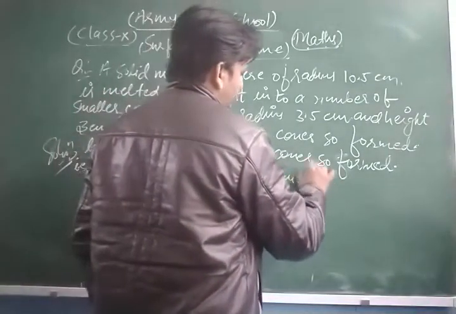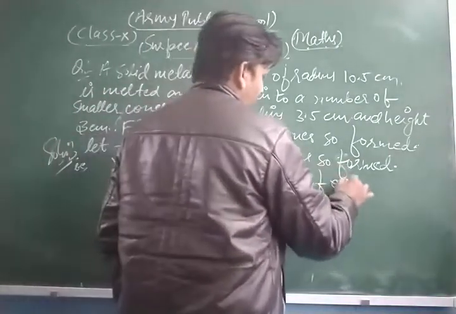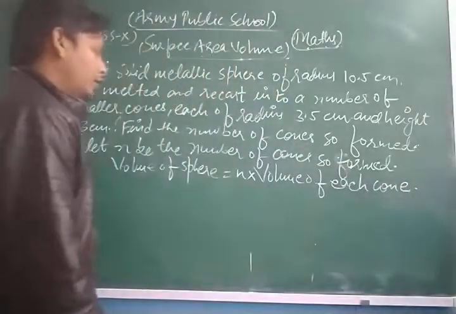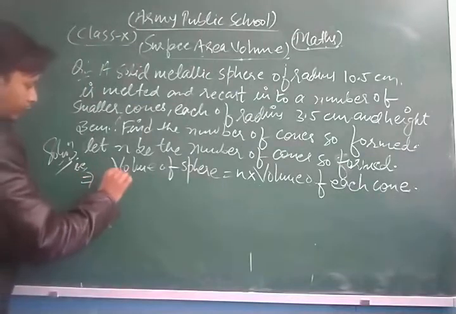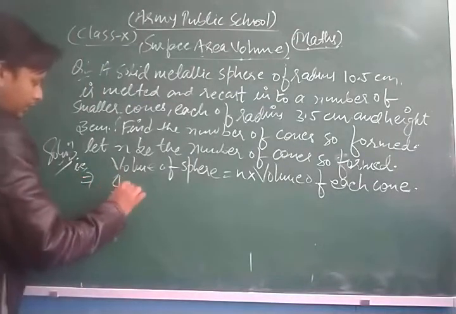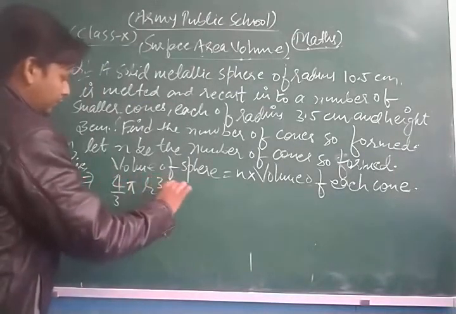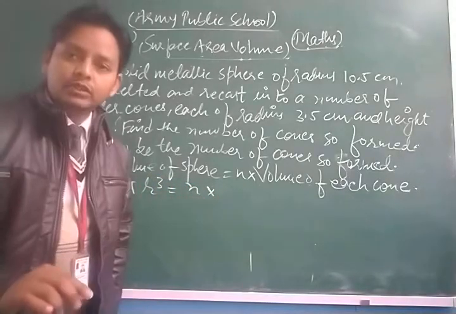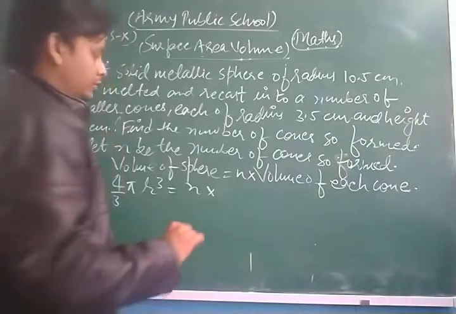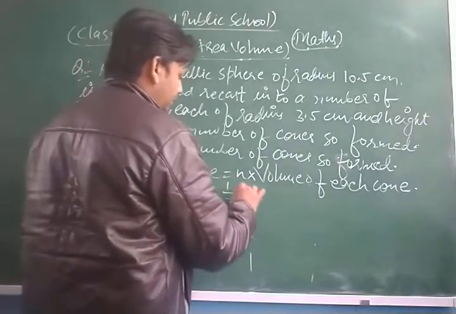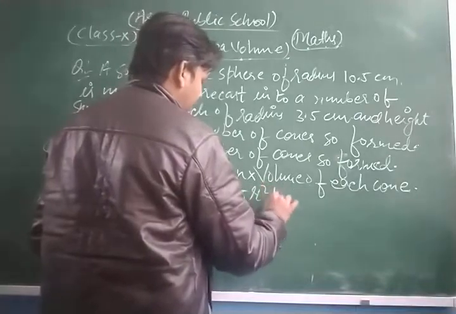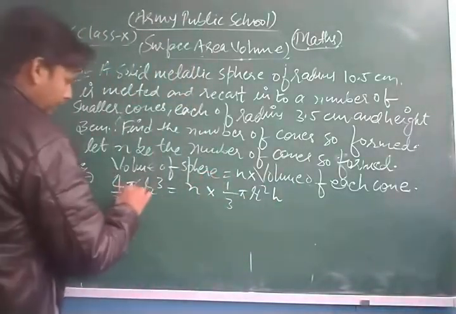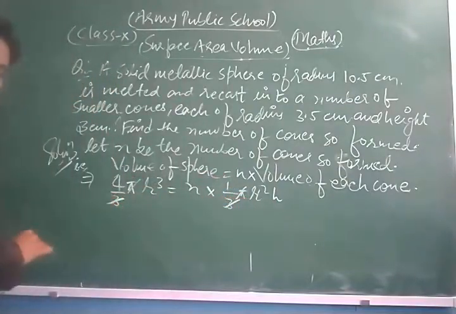Now the volume of a sphere, you know the formula, is 4 by 3 pi r cube, which is equal to n into the volume of each cone, which is 1 by 3 pi r dash square h. Now pi and 3 cancel each other.